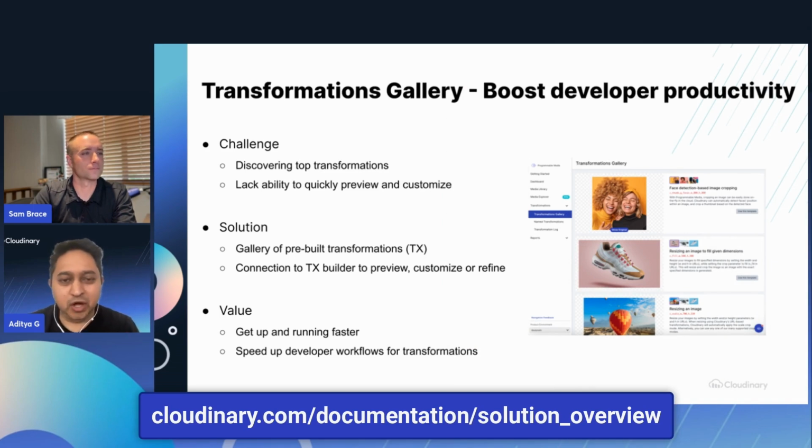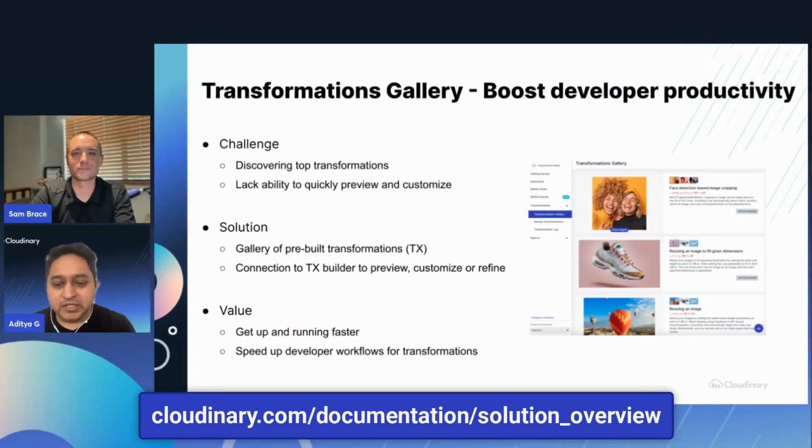It not only allows developers to quickly get a sense of what transformations you can do with Cloudinary, but it also allows them now to preview these transformations by connecting with the transformation builder.